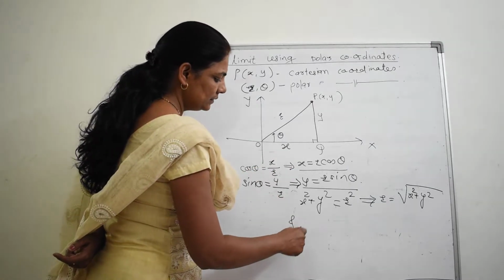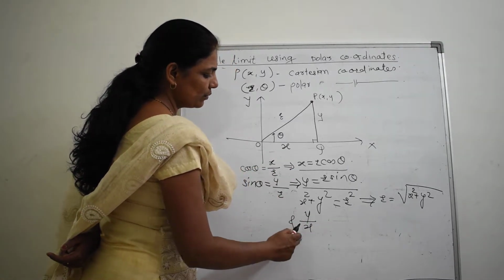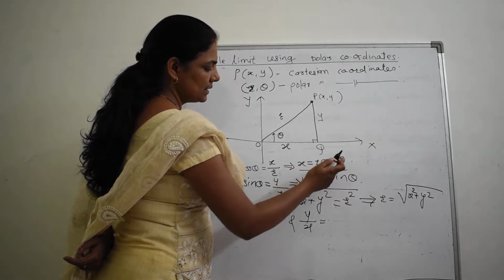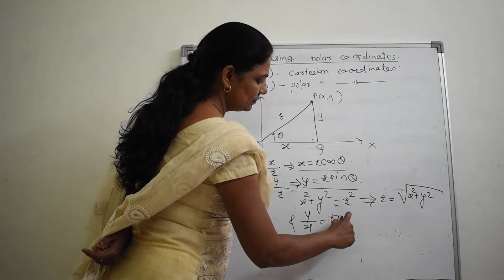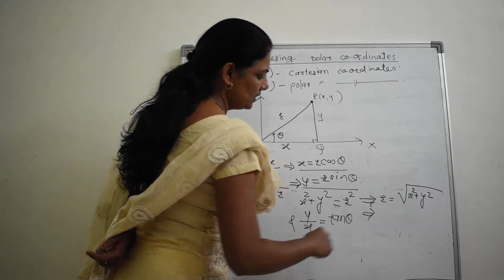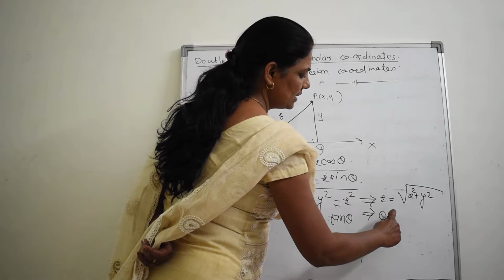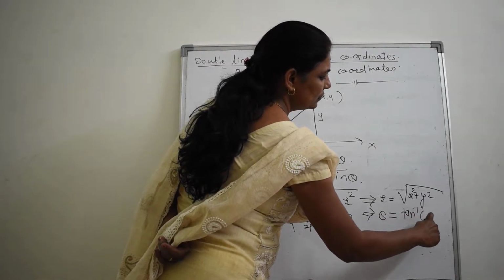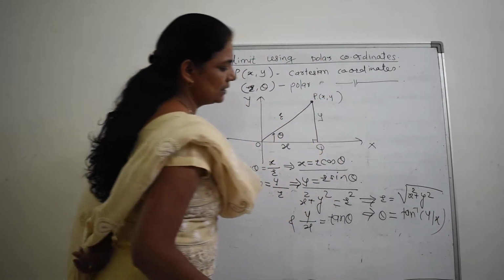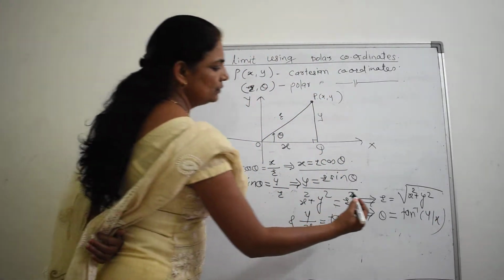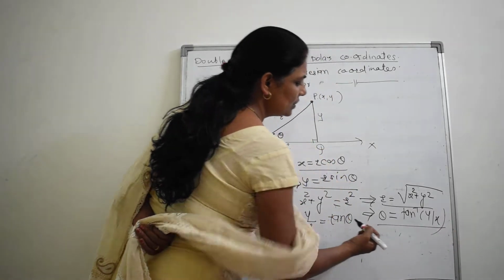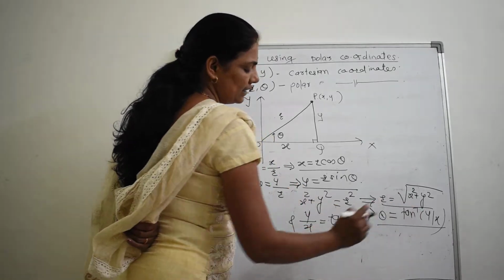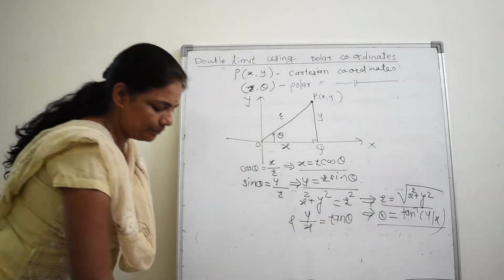Similarly, take the quotient y upon x, which is r sin theta upon r cos theta, that is tan theta, so theta equals tan inverse of y upon x. So these two relations give the values of r and theta in terms of x and y.